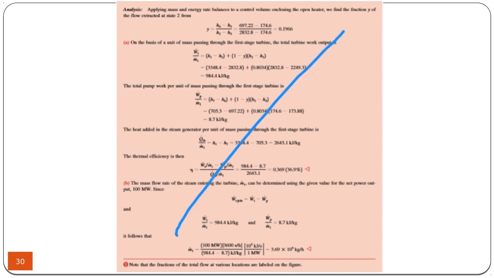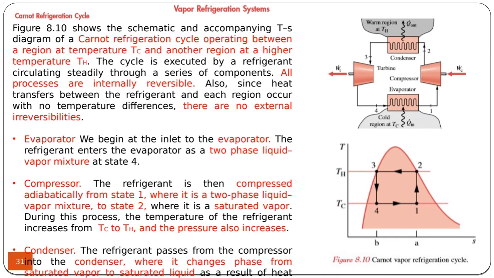Now, vapor refrigeration system is another vapor system, but this time we are not producing power, but we are producing refrigeration. So, do you remember the heat engine and refrigerator difference? What was the reason of using a heat engine versus refrigerator?